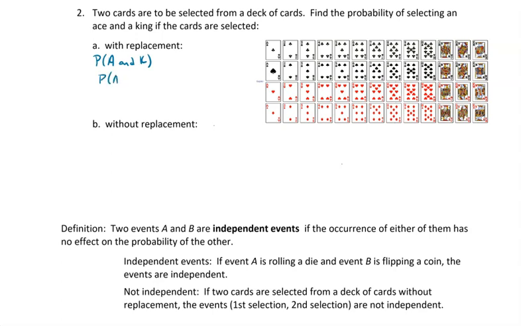Okay? So if we want the probability of getting an ace and a king, then we're going to multiply those 2 probabilities together. The probability of getting an ace is 4 out of 52 times the probability of getting a king, again 4 out of 52.